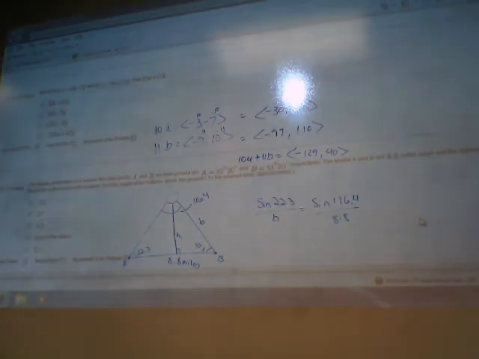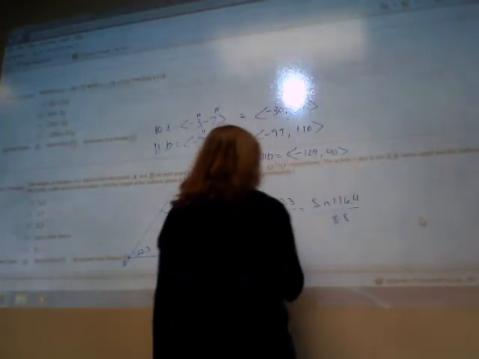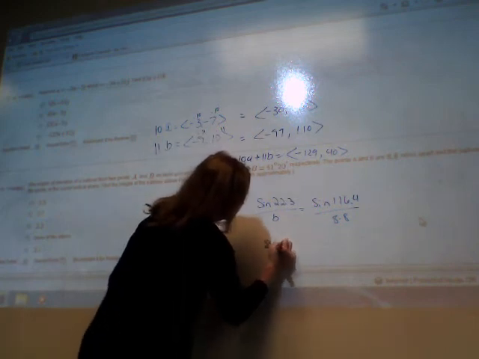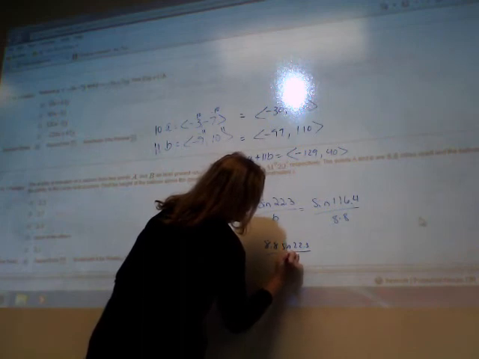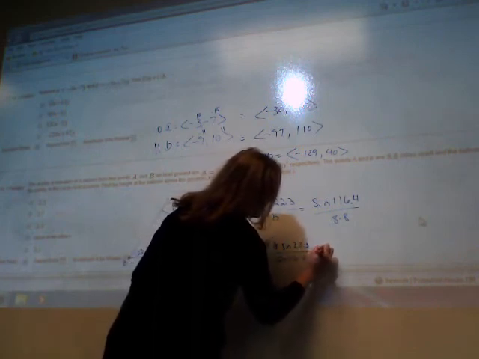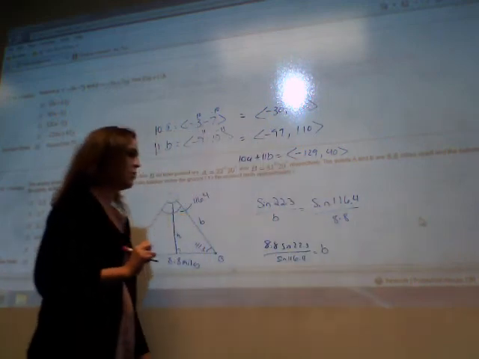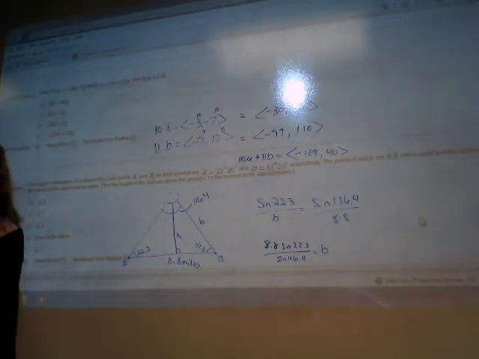Everybody good with that? And we can go ahead and rearrange, of course. And we get 8.8 sine of 22.3 over the sine of 116.4 is equal to B. And what do we get for B?